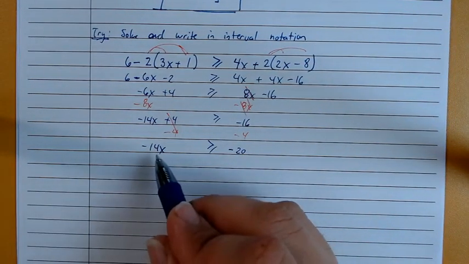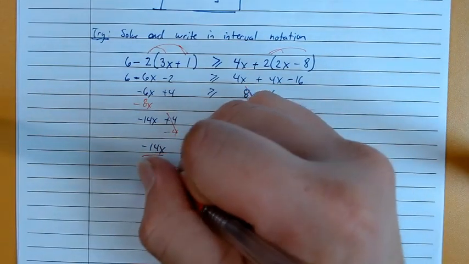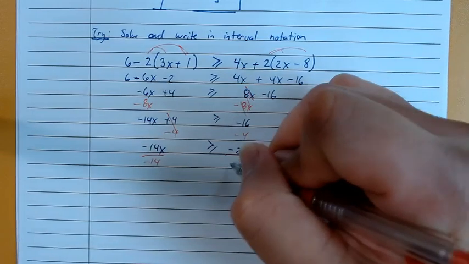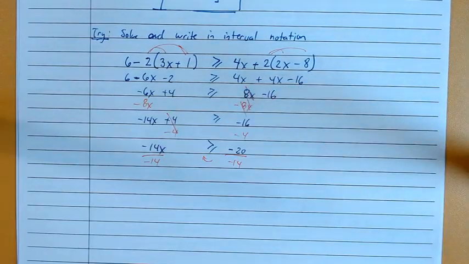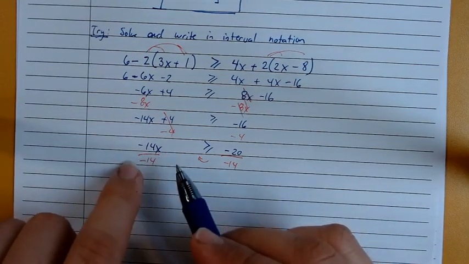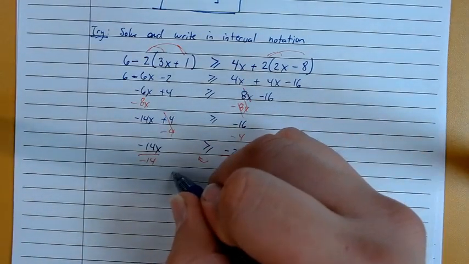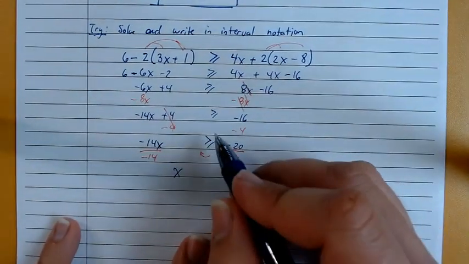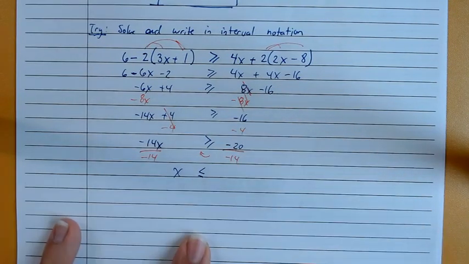And finally, I can divide both sides by negative 14. Note that now we are multiplying or dividing by a negative number, and that's what's going to reverse my inequality. So now here, negative 14x divided by negative 14 will give me just 1x, which usually we don't write, we just write x. Our inequality has reversed from greater than or equal to, to less than or equal to.